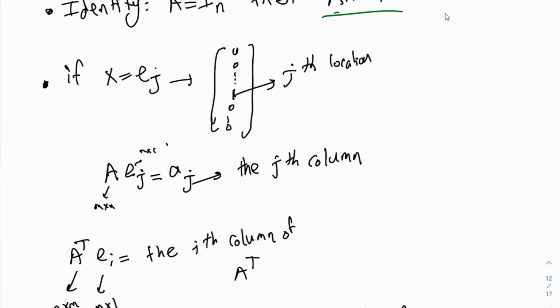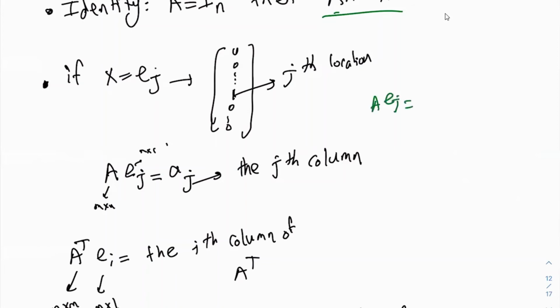What I mean by that is A can be anything, right? But x is ej. It means that the jth location is 1. So how do we represent A times ej?